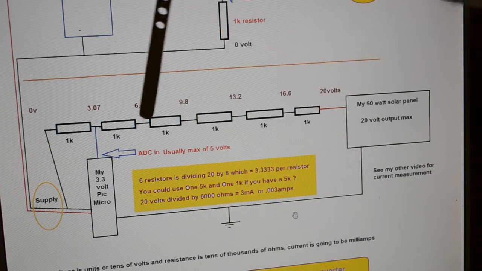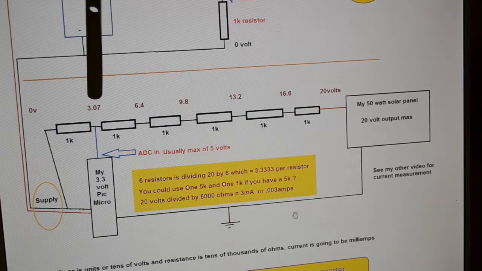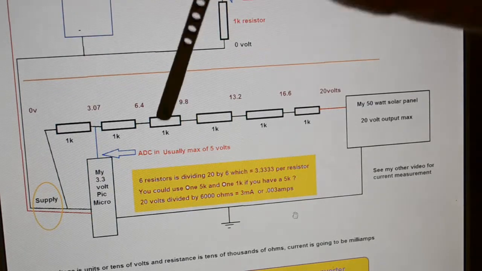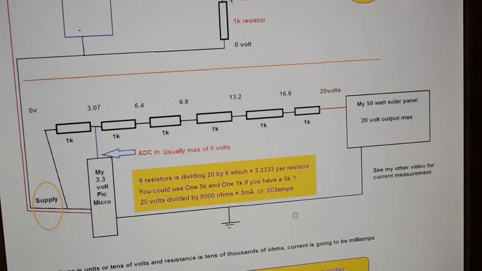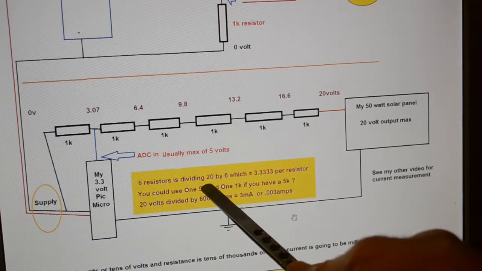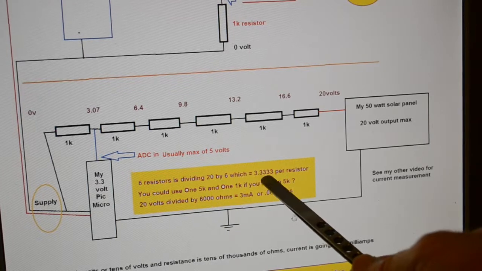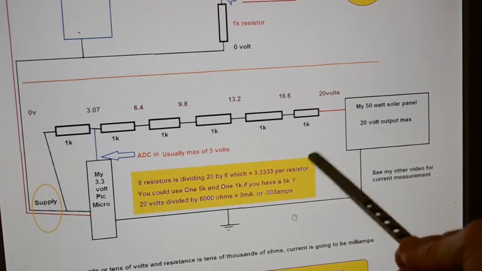So 6 resistors, tap off this last one. If you start with 20, you end up with 3.07 volts into the ADC pin. So you see I've got a little note there, 6 resistors dividing 20 volts by 6 equals 3.333 volts per resistor.